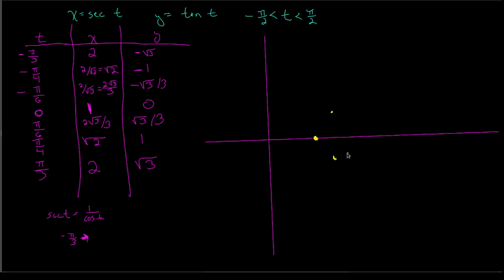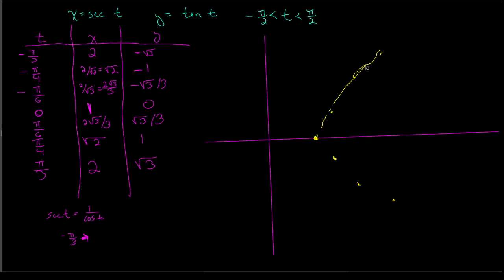Root 2 is 1.4. So when y is 1, which is this distance here, then we're at 1.4. Both sides. And then when we hit 2, we're at root 3, which is like 1.69-ish. So we're just ahead of 1.